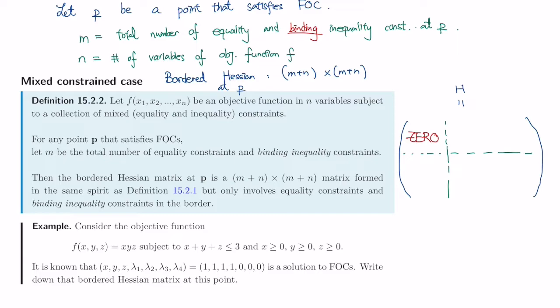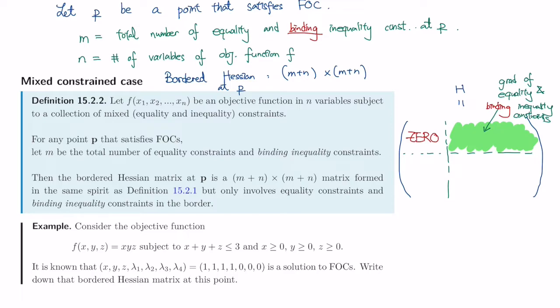So this part is formed by the gradient of equality and binding inequality constraints.